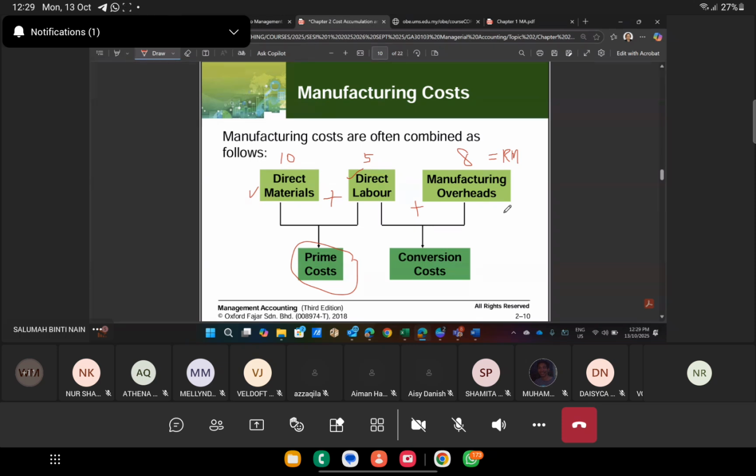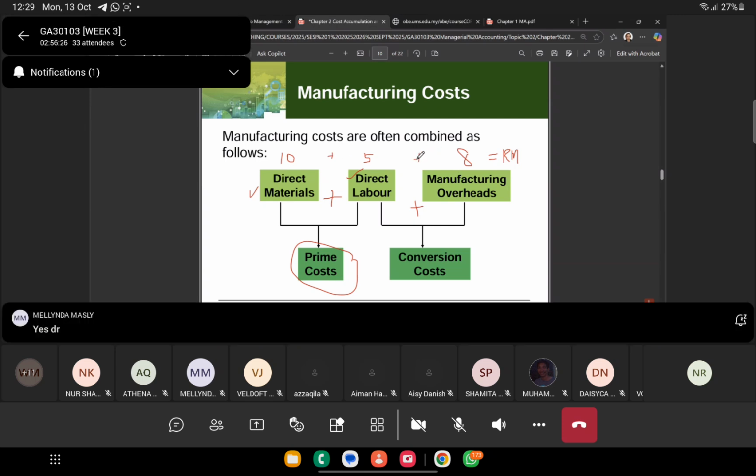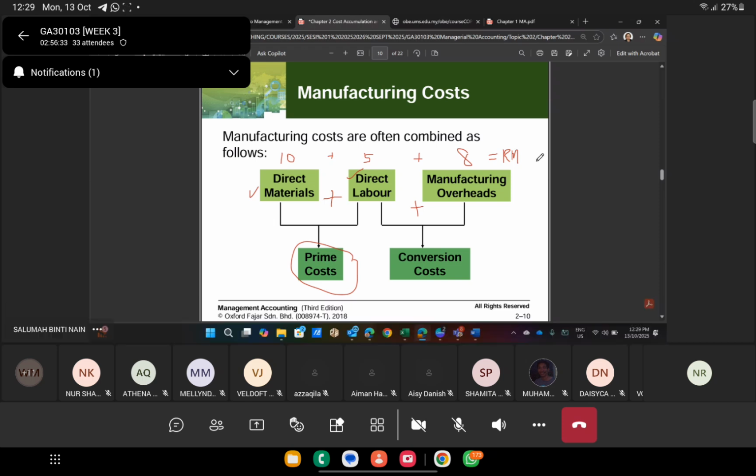So the product cost is 10 plus 5 plus 8. So the total product cost is how much? Yes, good. 23. That is actually manufacturing cost or product cost.